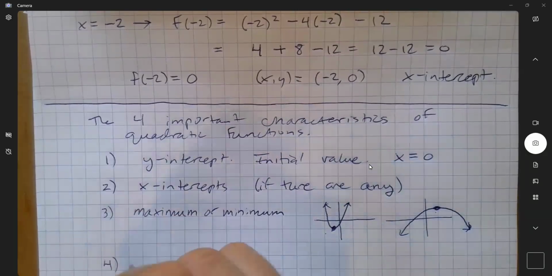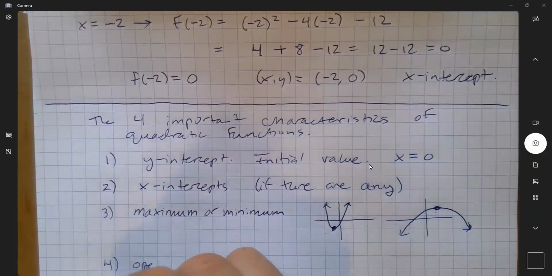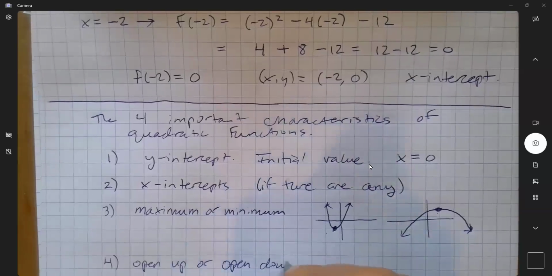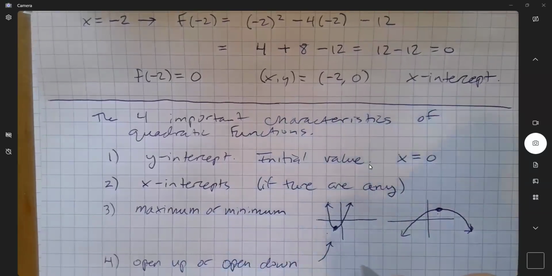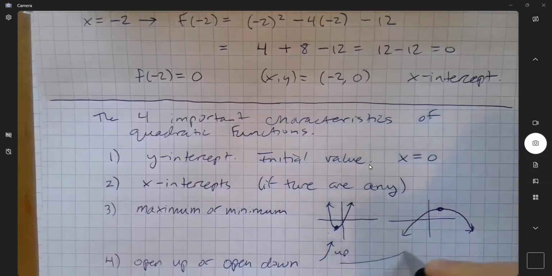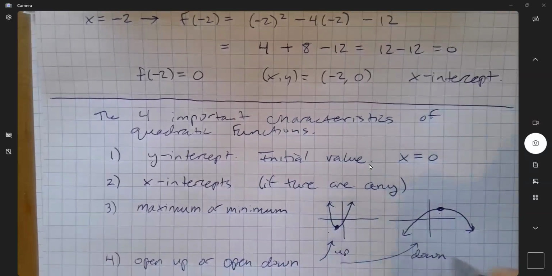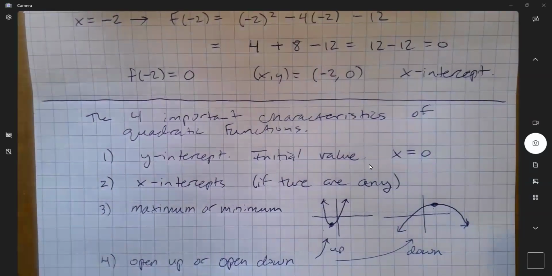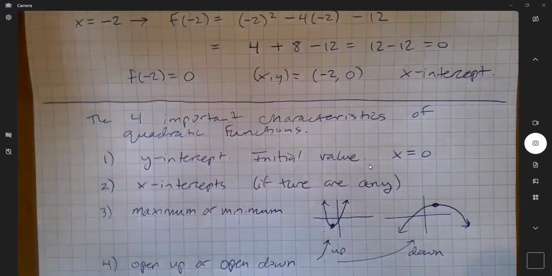And the last point is, does it open up or open down. There's a quadratic function that opens up, and there's one that opens down. These are the four important characteristics of quadratic functions. All of these characteristics can be seen very easily when you graph the quadratic function. So let's go ahead and do that.